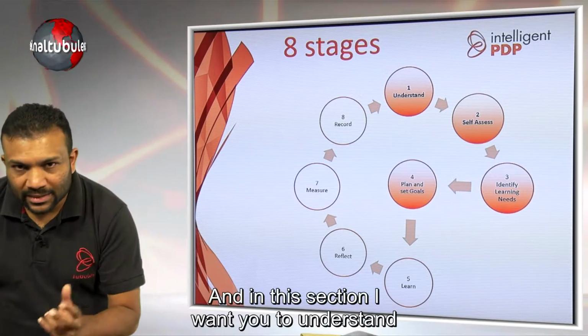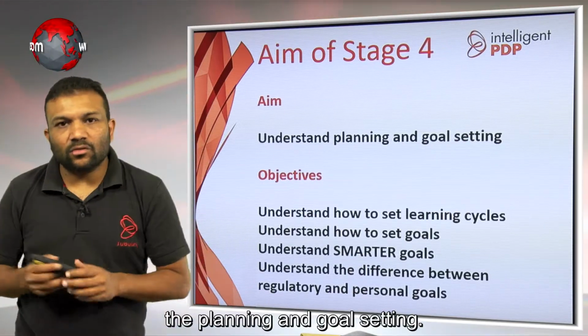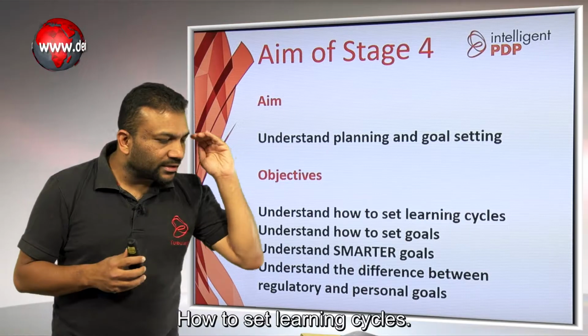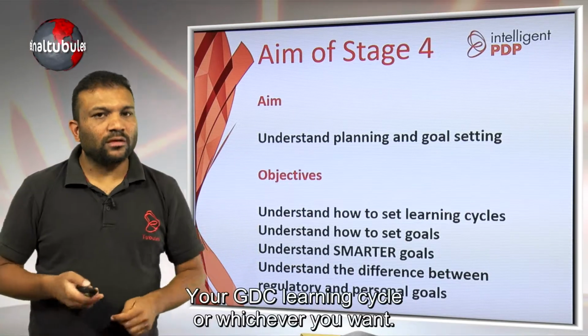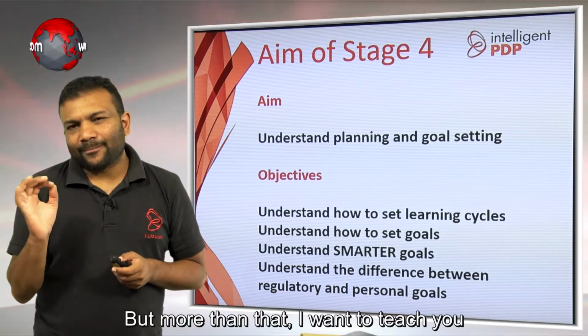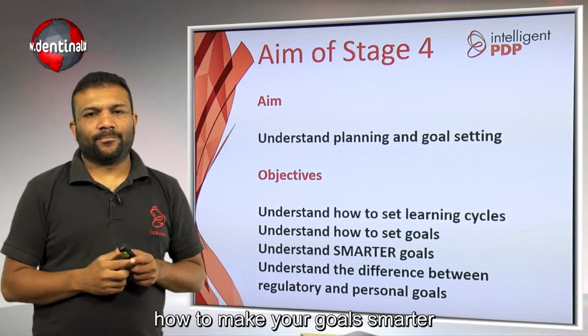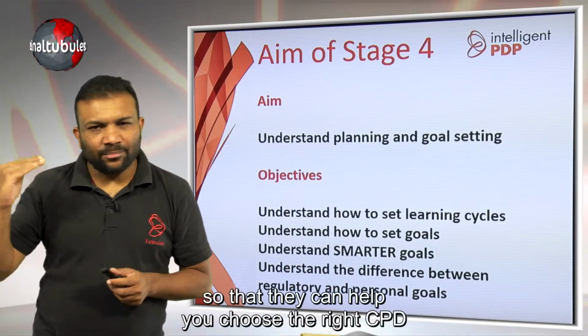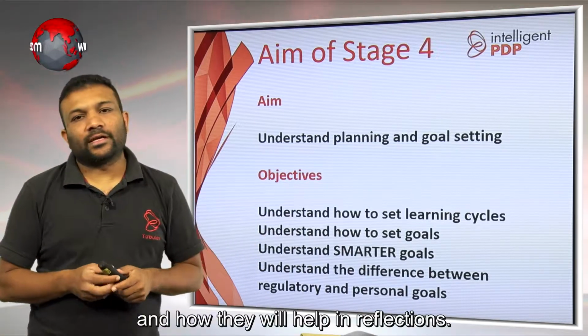In this section, I want you to understand the planning and goal setting, how to set learning cycles, your GDC learning cycle or whichever you want, and how to then make individual goals. But more than that, I want to teach you how to make your goals smarter so that they can help you choose the right CPD and how they will help in reflections.